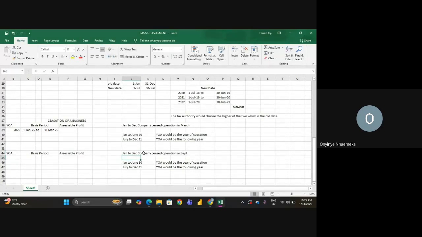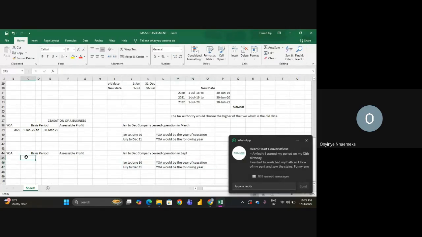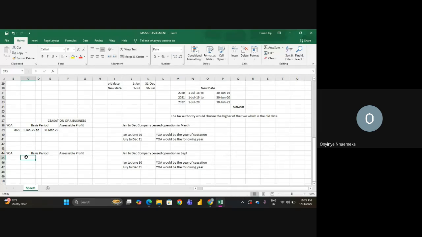Following this thing that I've written here, I want us to do year of assessment and basis period. So it's going to be the beginning of the accounting period, which is 01/01/2025 to when did they finish the business? September. That would be, I think, 30. September 30, 2025.